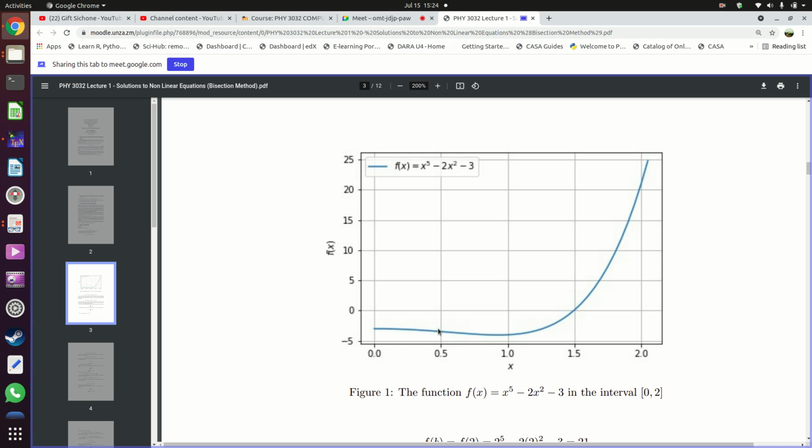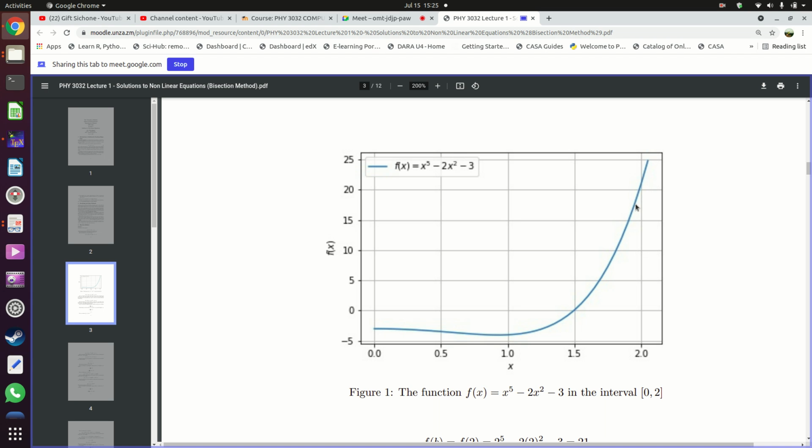So you can see your f of x is a negative valued function. Do you see that? Yes. Then after this, where it cuts the x-axis exactly here, after that, f of x becomes a positive valued function. So f of x changes from being a negative function to a positive function after it crosses the x-axis.